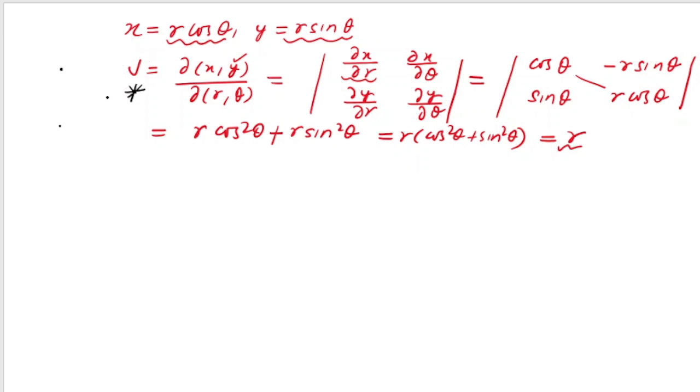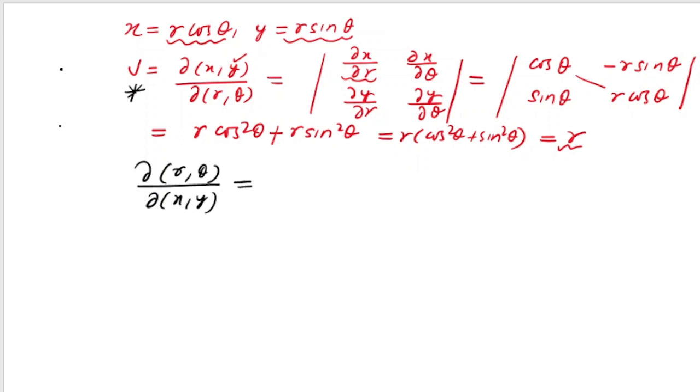But there is one important property of the Jacobian that I want to highlight. Suppose I ask you the Jacobian of transformation from del of r theta to del of xy. If I want to transform the r theta system into the xy system, then we have to use this Jacobian of transformation.